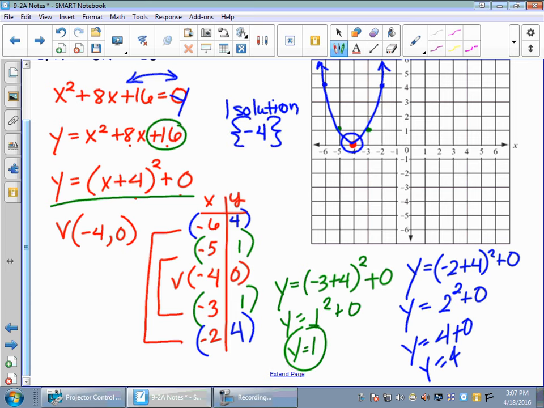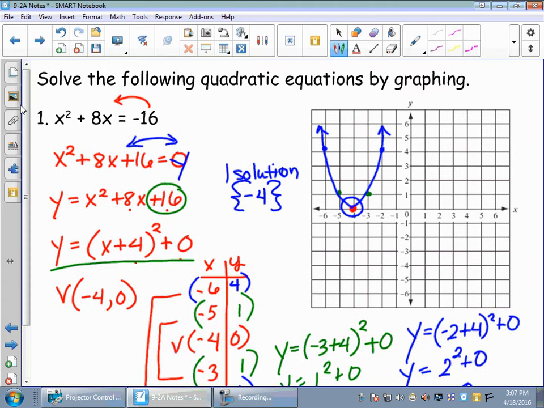Now, what you can do is check your answers to these by factoring. We did a whole chapter of factoring. I just want to show you that if you were to factor this, we'll come off to the side here, you could check your answer. x squared plus 8x plus 16 equals 0. Whenever you have to solve by factoring, you get it equal to 0.